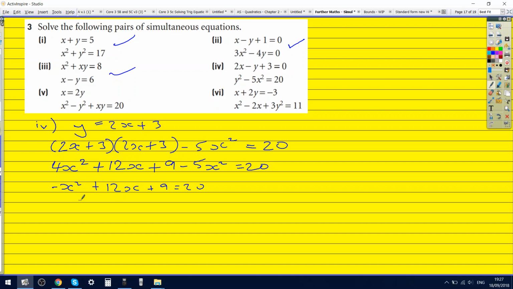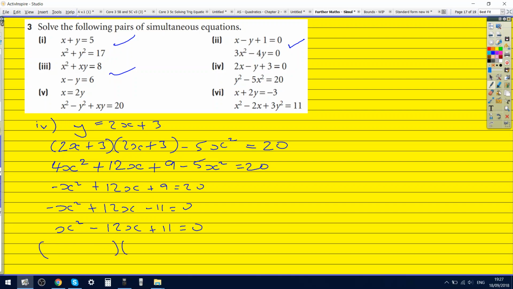Minus x squared plus 12x minus 11 equals 0. Sorry, x squared, not x here. So that would be x squared minus 12x plus 11 is 0. We can solve this.